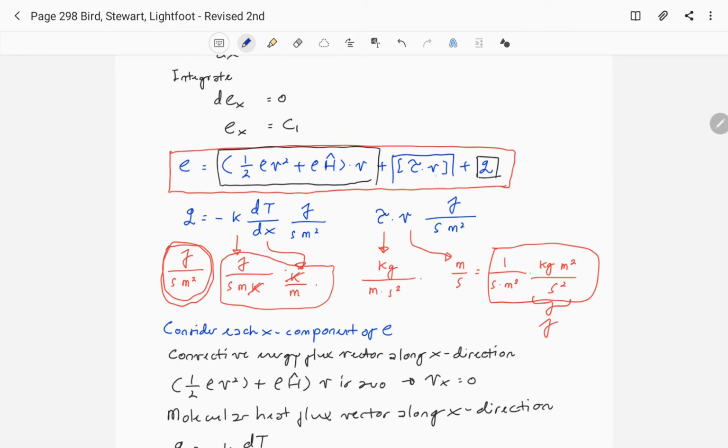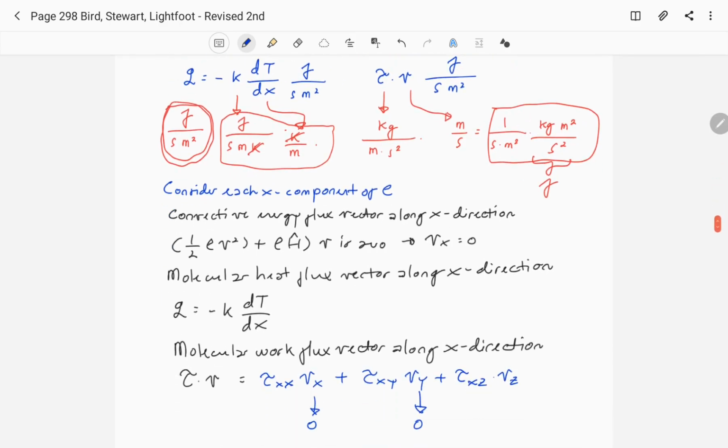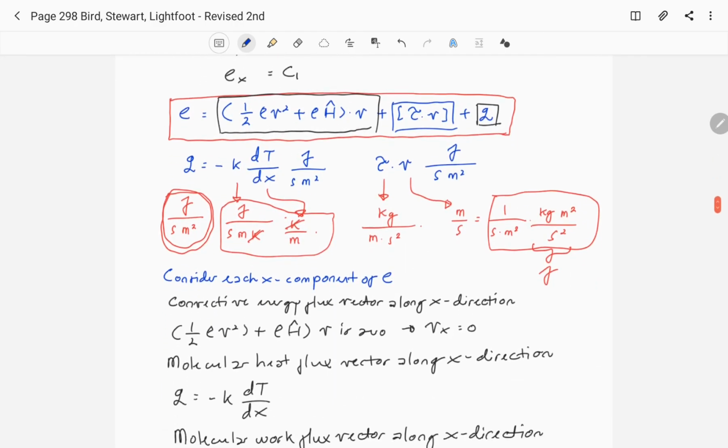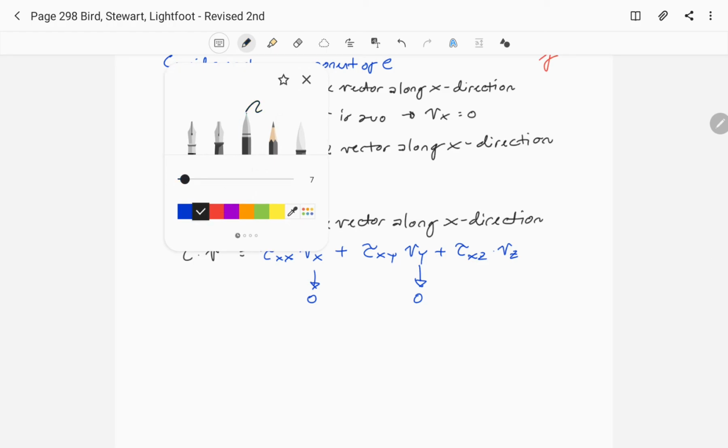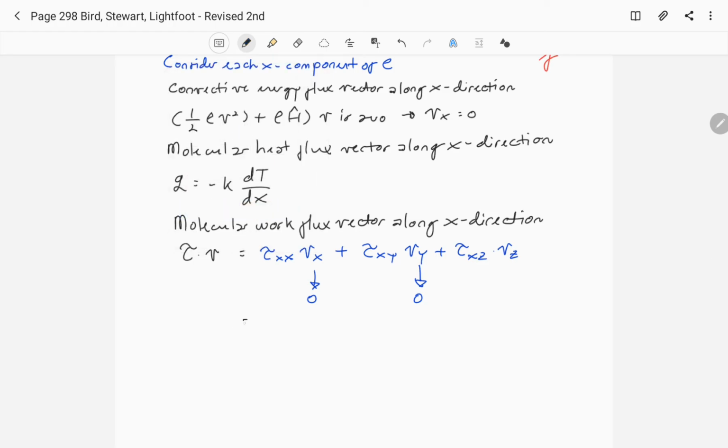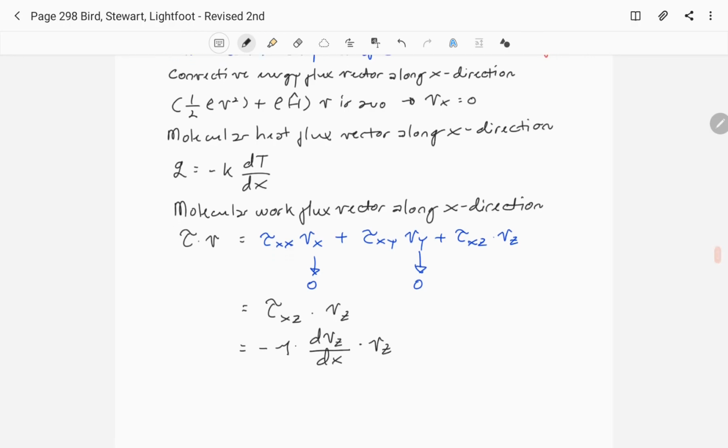And then you go back again and check your term in here. You see that you are dealing with the second term in here, so we have covered pretty much everything. And then we go back again here, so the first one becomes 0, the second one becomes 0, so you only have the third component in here, or basically this tau xz multiplied by the Vz, or this one will be equal to minus mu dVz per dx multiplied by your Vz.